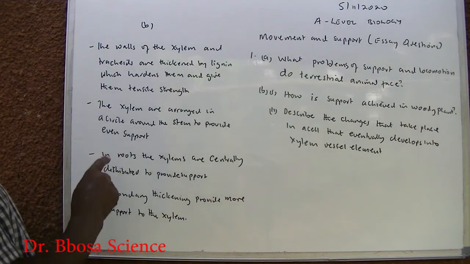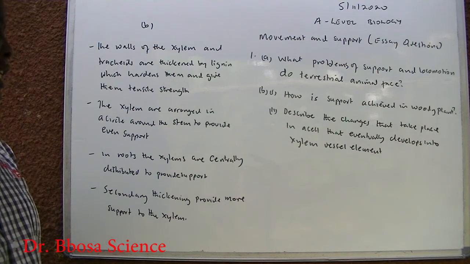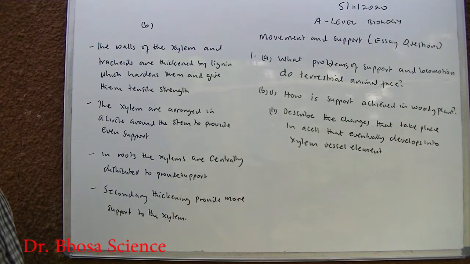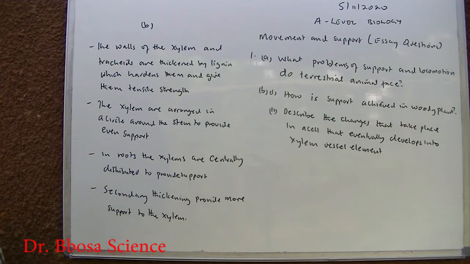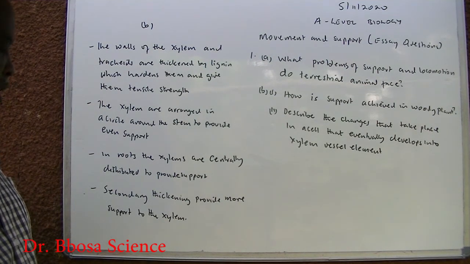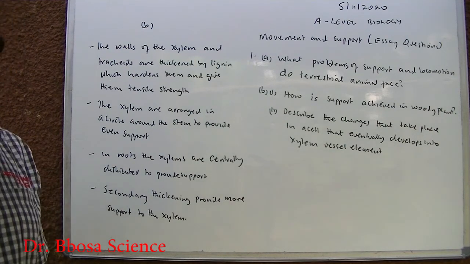The xylems are arranged in a circle around the stem to provide even support. 3. In roots, the xylems are centrally distributed to provide support. 4. Secondary thickening provides more support to the xylem.